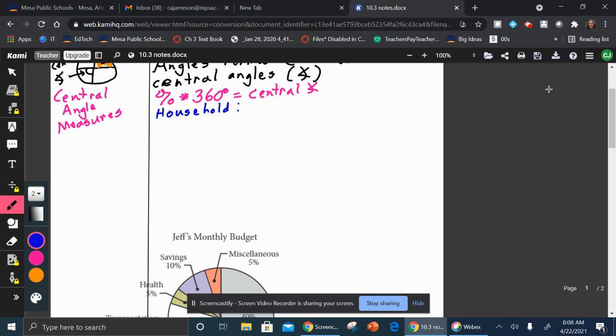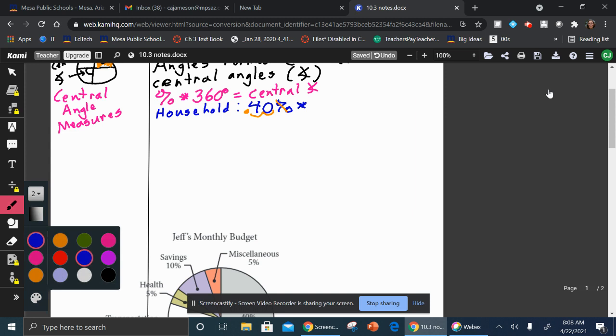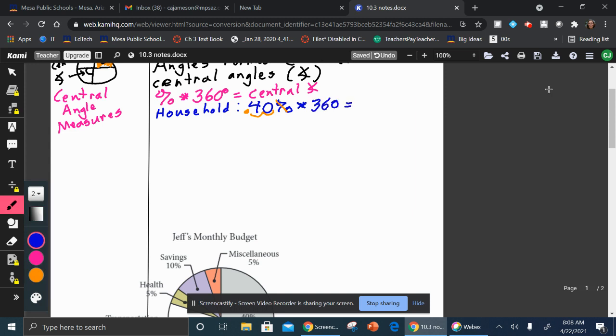So for the household, it's 40 percent. We'll do 40% as a decimal. Remember, we drop the percent sign and go to the left, times 360. That gives us 144 degrees. Remember, 360 is a full circle.